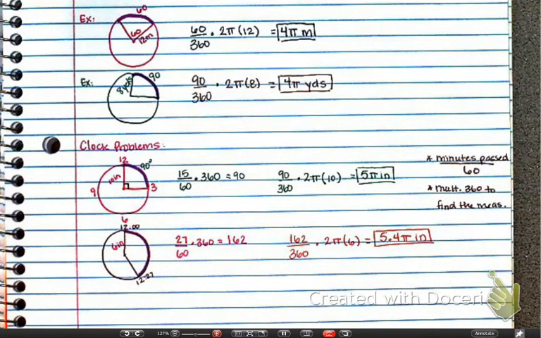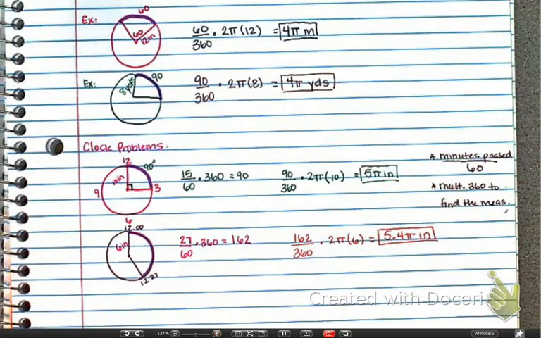So again, there's one additional step for clock problems: you need to find the minutes passed. So how many minutes went by? And you're going to put that over 60. Then multiply that by 360 to find the measure.